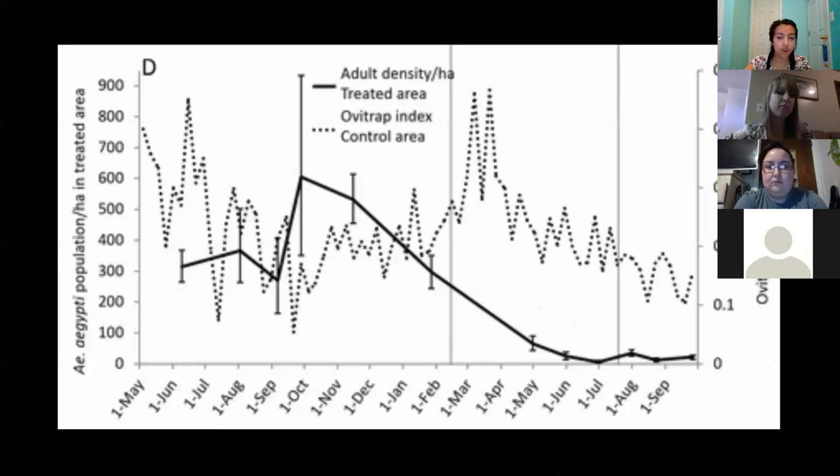In this figure from this study, the dotted line shows the density of mosquito population in areas that weren't treated, which, as you can see, the population stays pretty steady. However, the solid line shows the mosquito population in areas where the treated mosquitoes were released.